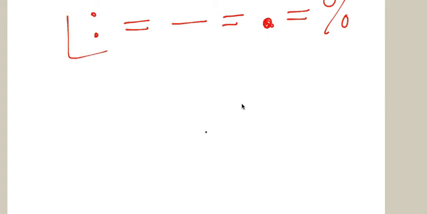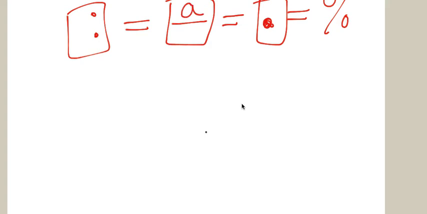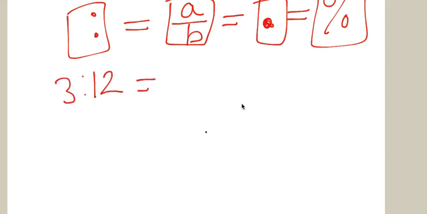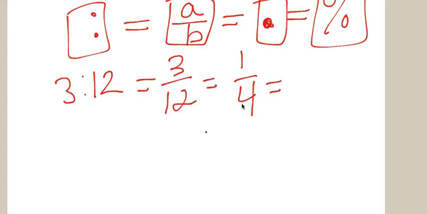Okay, so they're all equal, or can be converted into each other. So if I did 3 to 12, that can be equal to 3 over 12, which could be equal to 1 over 4 simplified. What would that be as a decimal?